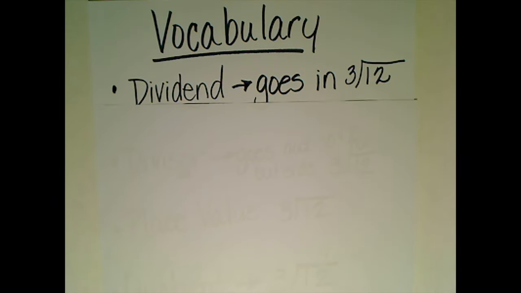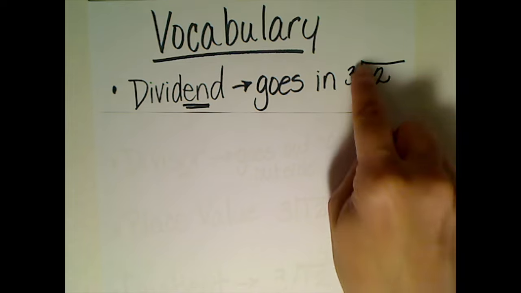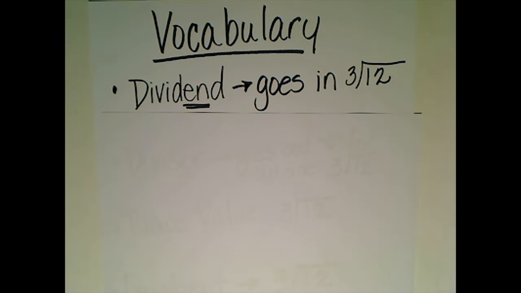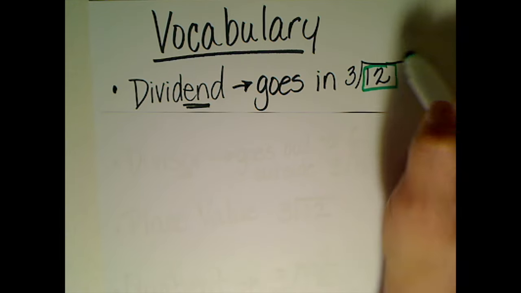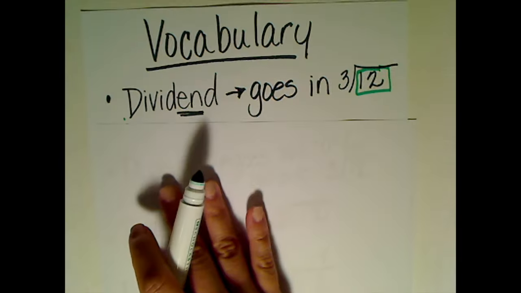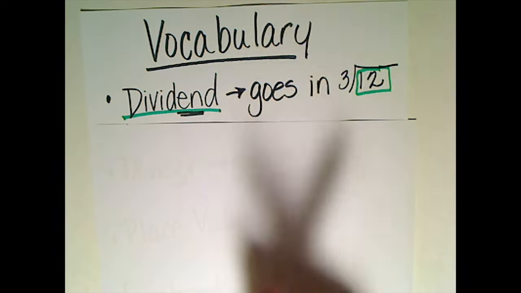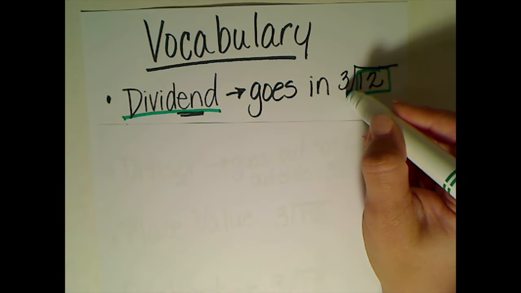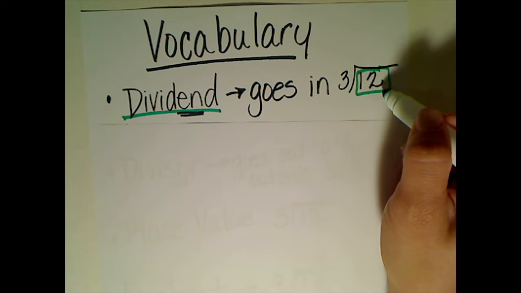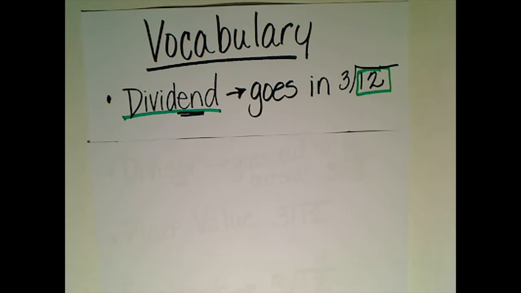So what exactly is a dividend? Remember, the dividend goes in the house. So 12 is our dividend in this case, with 12 divided by 3 or 3 divided into 12. There's several ways to say that.